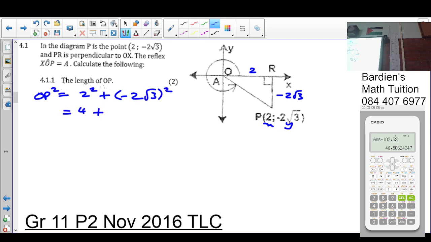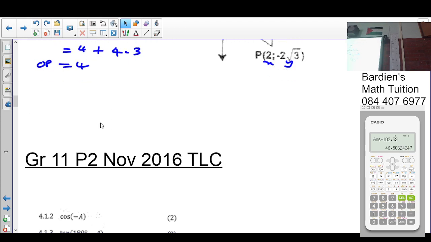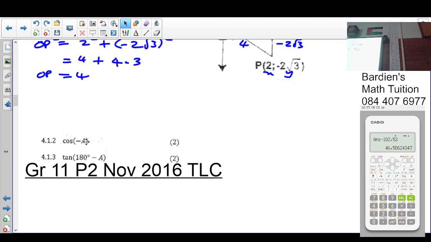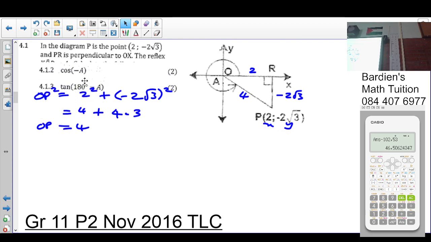That's going to give you 4 plus 4 times 3, which is 12, 16. So OP works out to be 4. Remember, the length will never be negative. Let's look at the next question. Now they're asking you to work out cos of negative h.